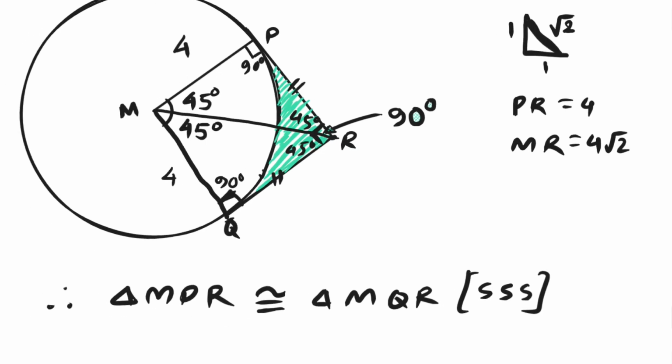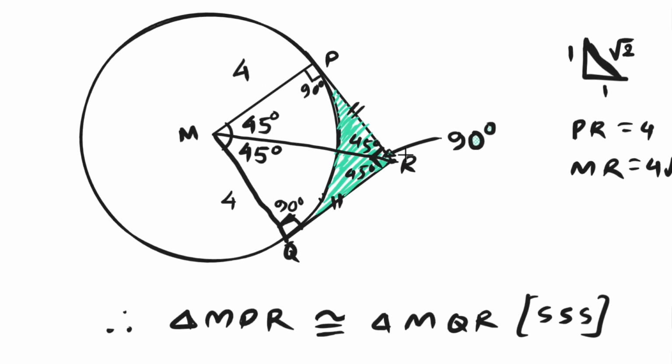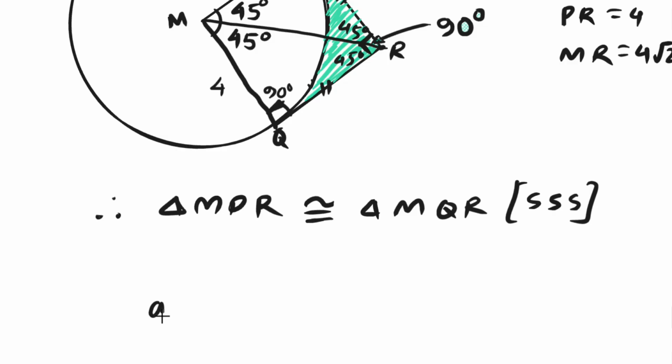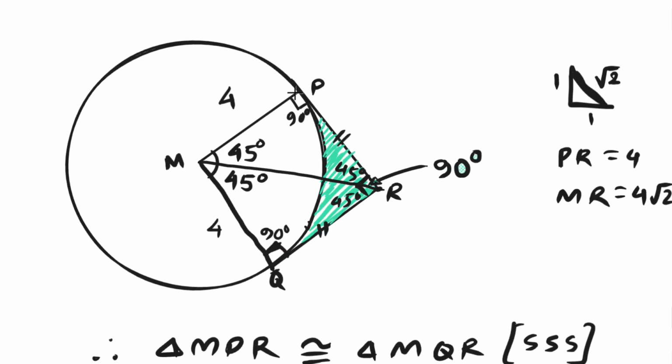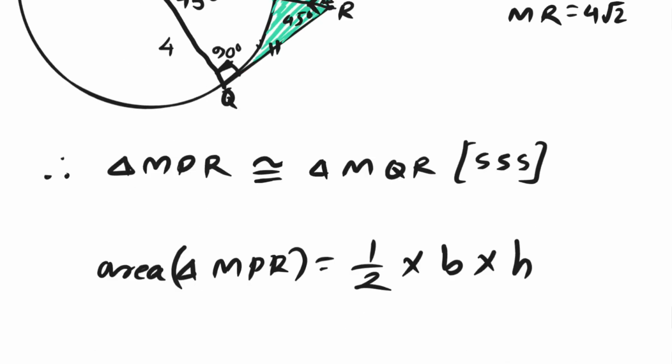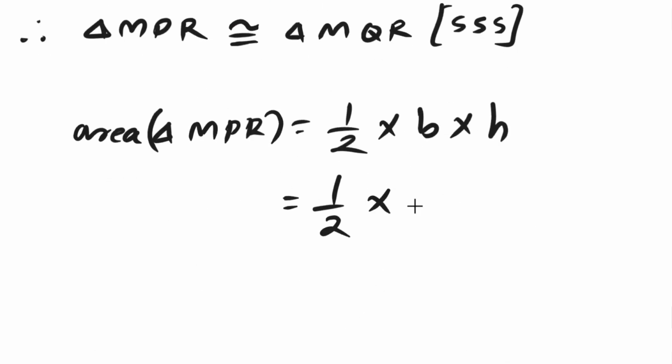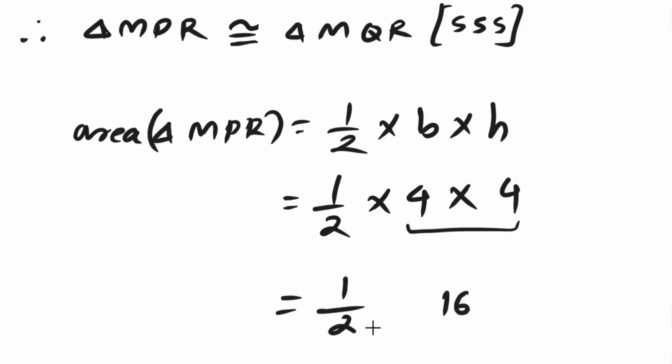Now, let's calculate the area of triangle MPR. The formula for the area of a triangle is 1/2 multiplied by the base multiplied by the height. Here, the base is 4, and the height is also 4 because the two sides meet at a right angle. So the area equals 1/2 multiplied by 4 multiplied by 4. 4 multiplied by 4 is 16, and half of 16 is 8.